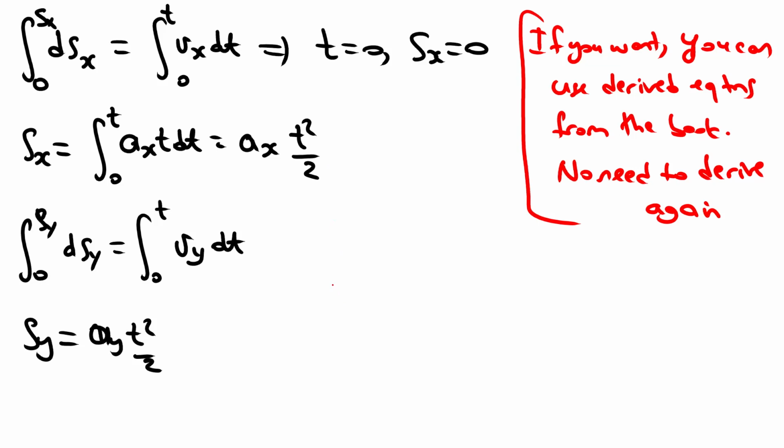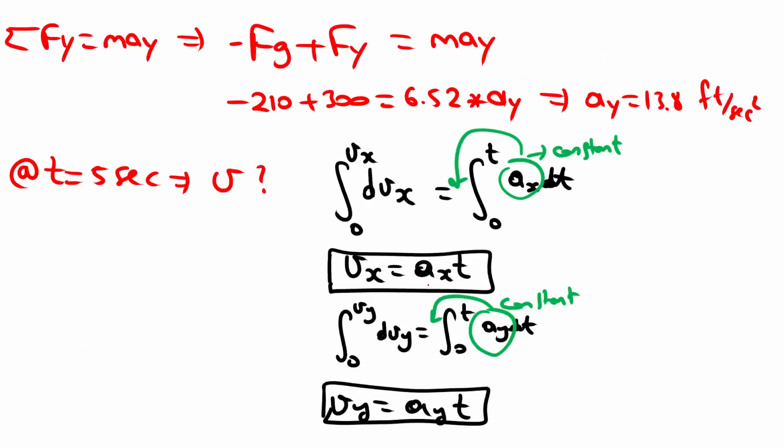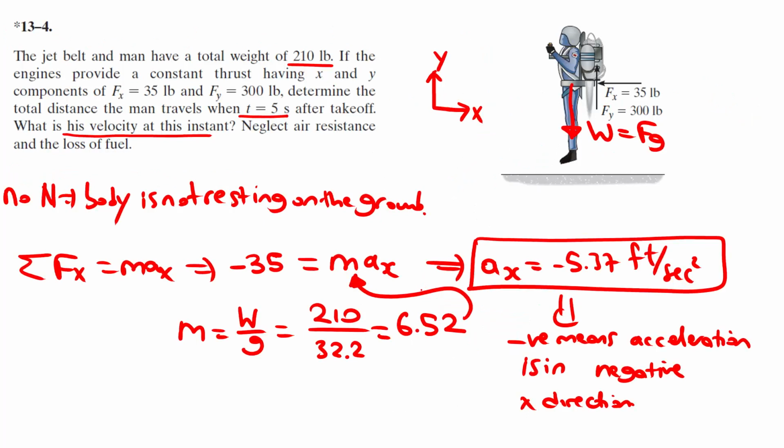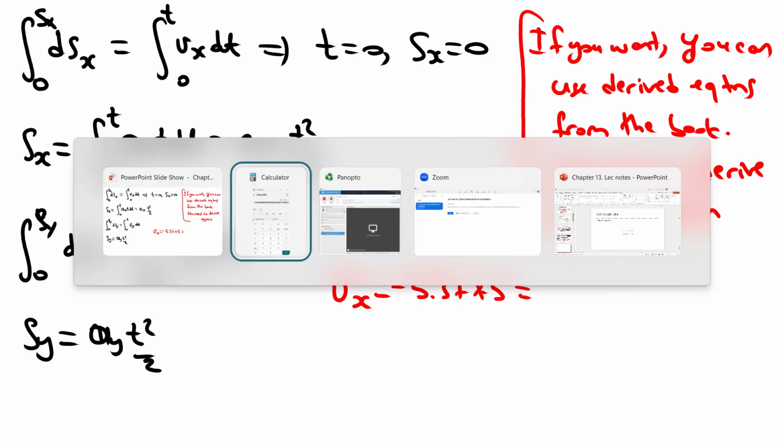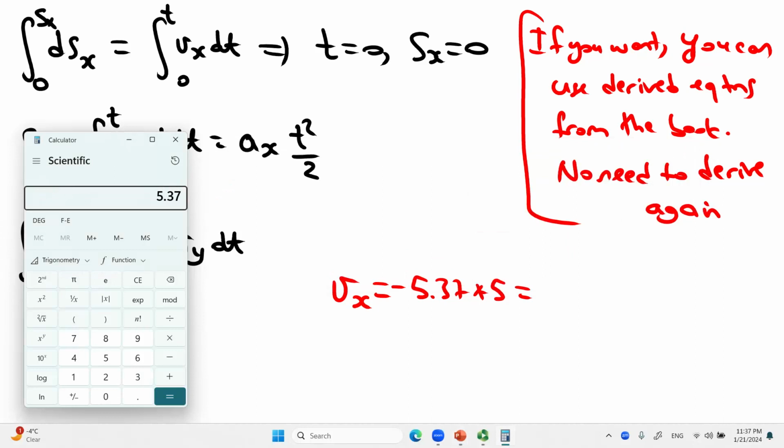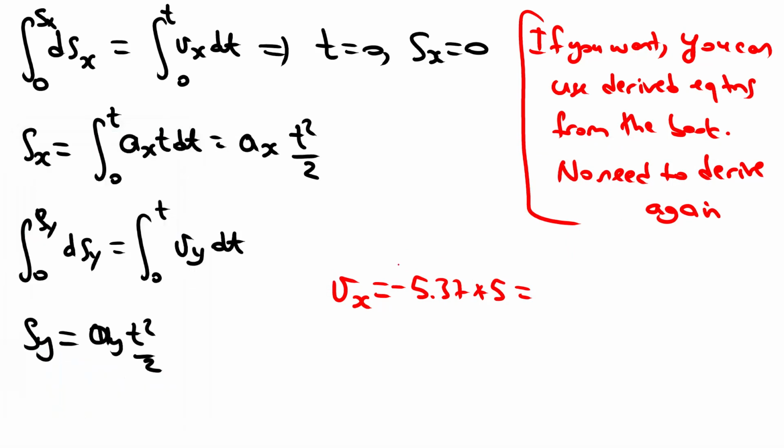So from here it follows that vx will be equal to, ax is negative 5.37, times 5, that will be 26.85 feet per second.